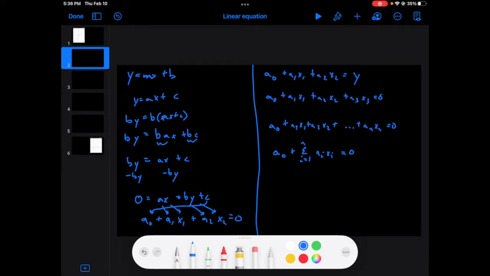But in finance, especially in quantitative portfolio management, they'll just usually use Greek letters instead. You'll see people write alpha plus the sum from i equals 1 to n of beta sub i x sub i equals, well, it's usually equal to y over here.